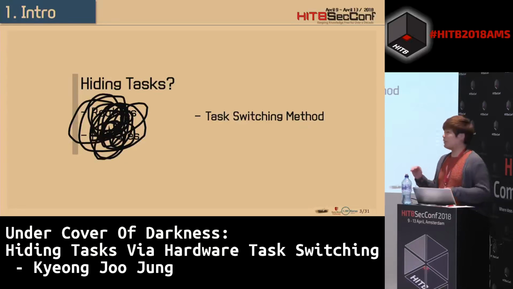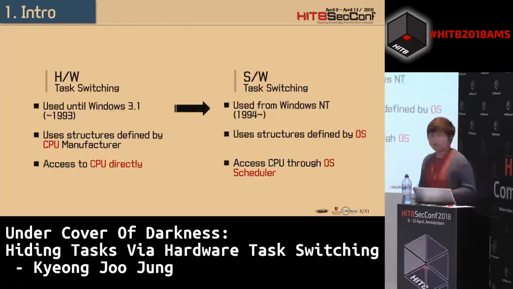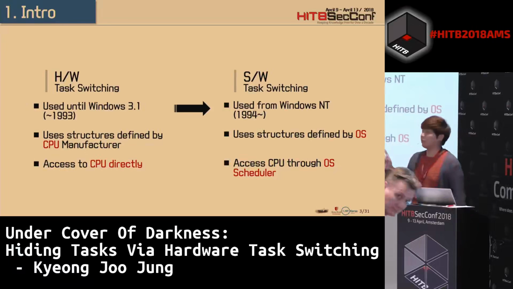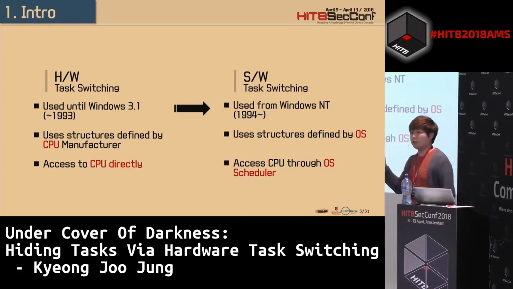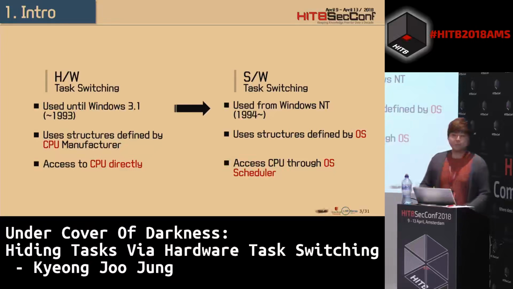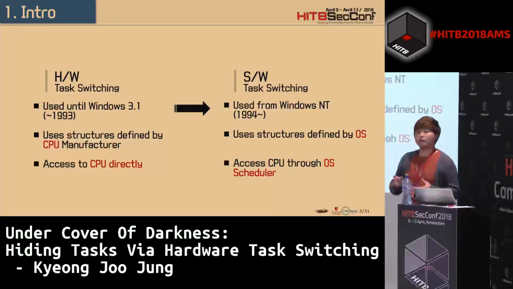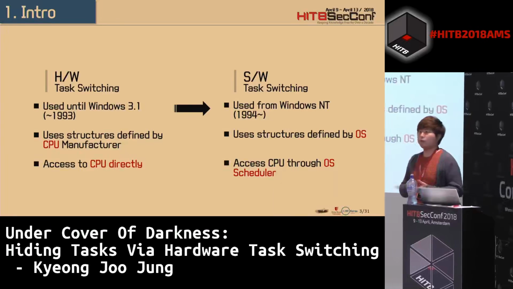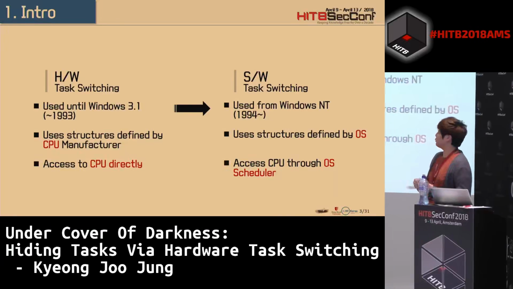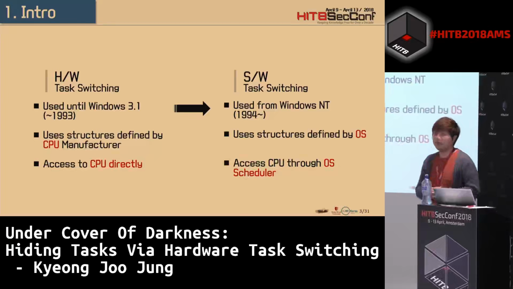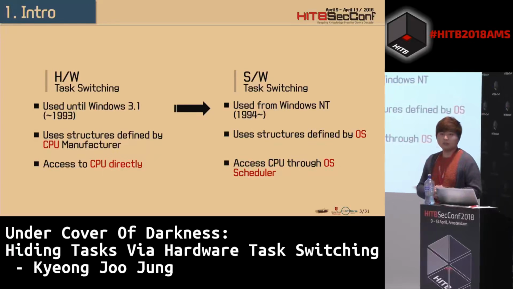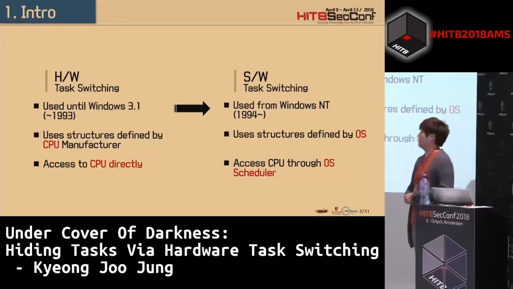Let's go a little bit deeper inside. There are two types of task switching methods. The first one is hardware task switching, and the second one is software task switching. The hardware task switching was used until only Windows 3.1, which I think was around the time I was born, and it's used for 32 bits.